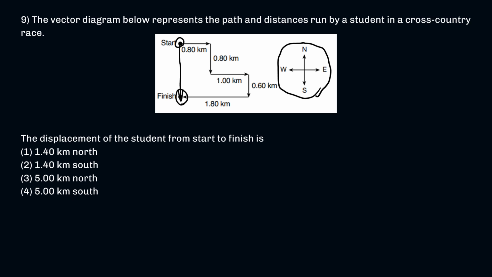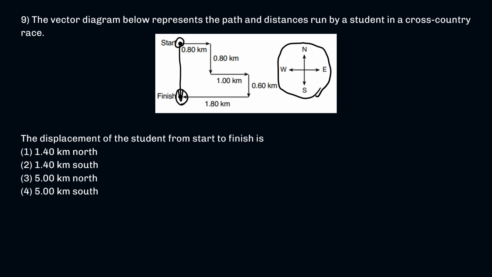The main idea of this question is trying to trick you into calculating the distance ran, which would be adding up all these vectors here. So going to the right, 0.8 kilometers, going down, going back right or east 1 kilometer, going down south again, and coming back west. Really for this, you're just adding up the two southern vectors, the 0.8 kilometers and the 0.6 kilometers.